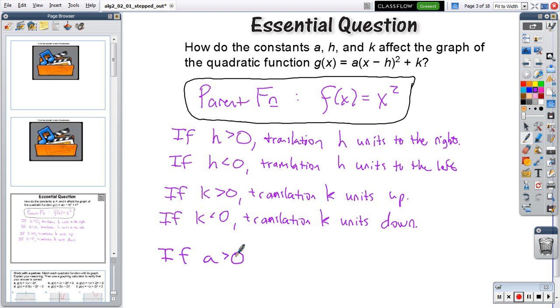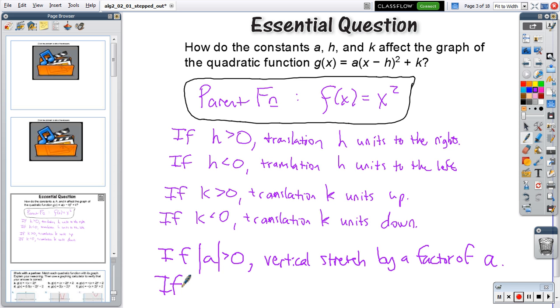If the absolute value of a is greater than 1, that's called a vertical stretch by a factor of a.